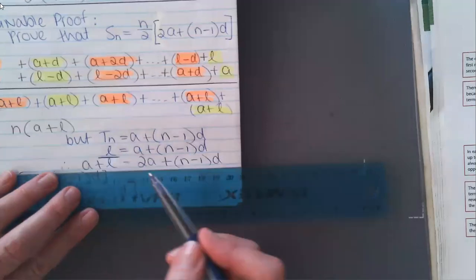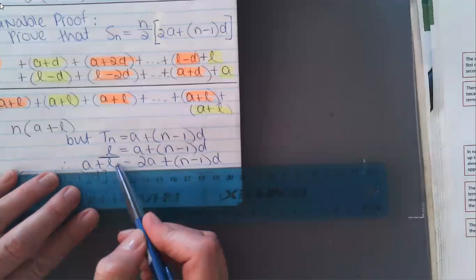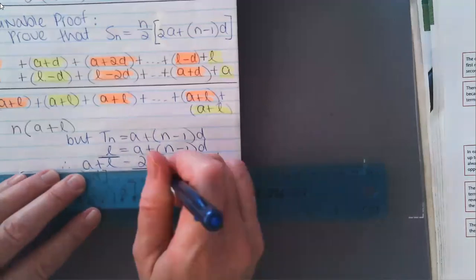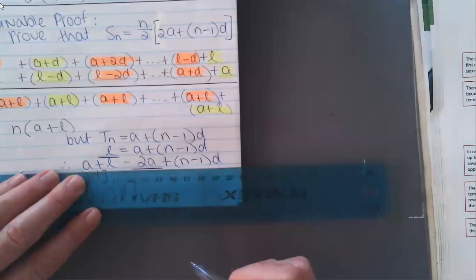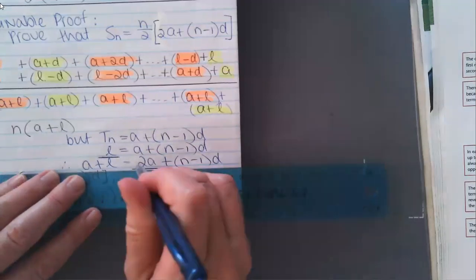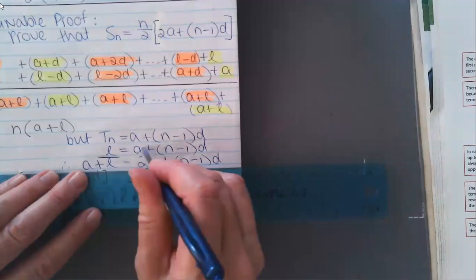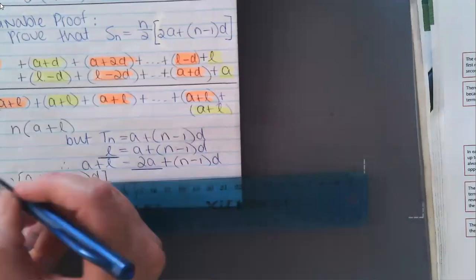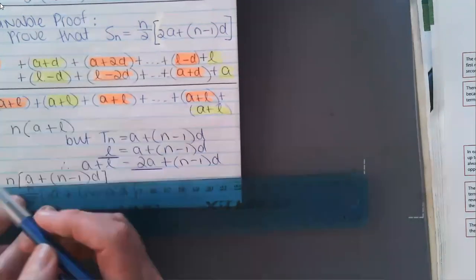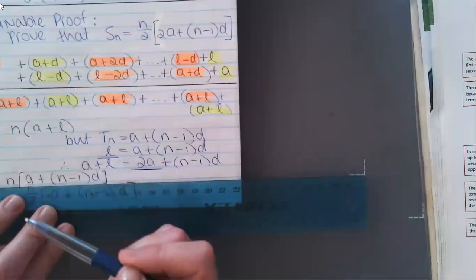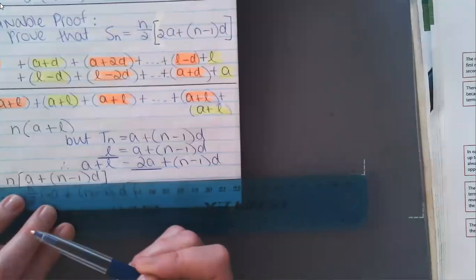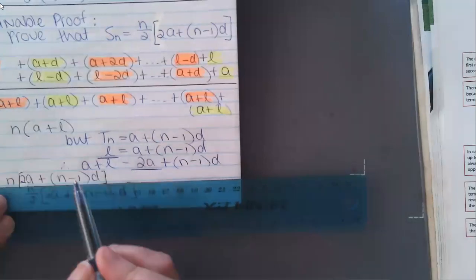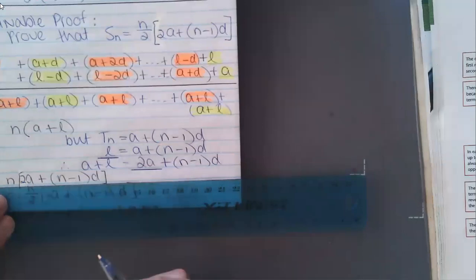So if I look at the formula for Tn, A plus N minus 1D, and it's also the L, right? So A plus L is then A plus A, so that gives me 2A plus N minus 1D. So there's where 2A comes from. This A plus that A there. So 2Sn equals N times 2A plus N minus 1D.